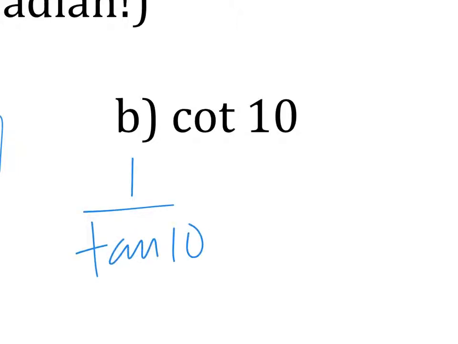Because you do have a tangent button on the calculator. Okay, so 1 over tangent 10 radian. Okay, what you guys get? 1.554. Okay, about 54.